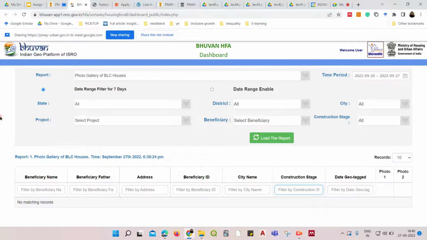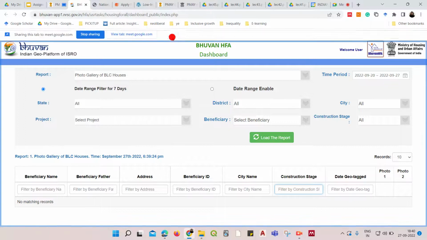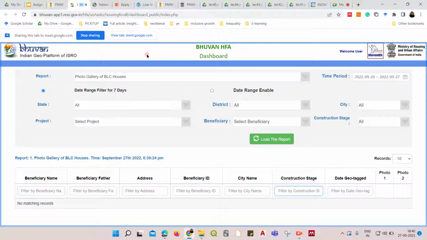So I suggest that you visit this website in your own time and see what the different components of this application are.